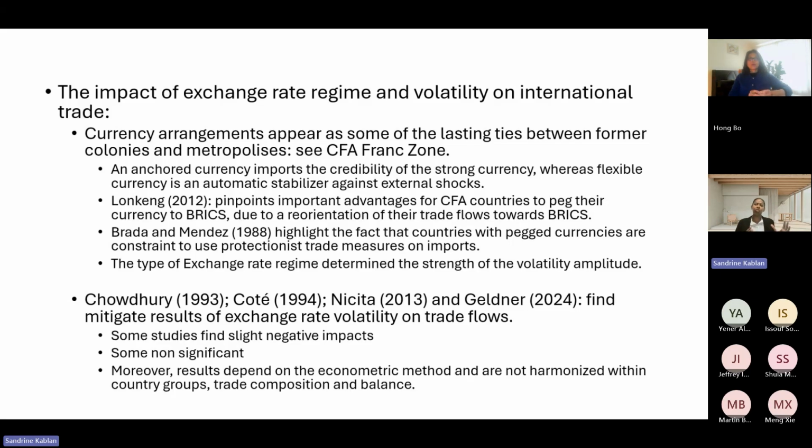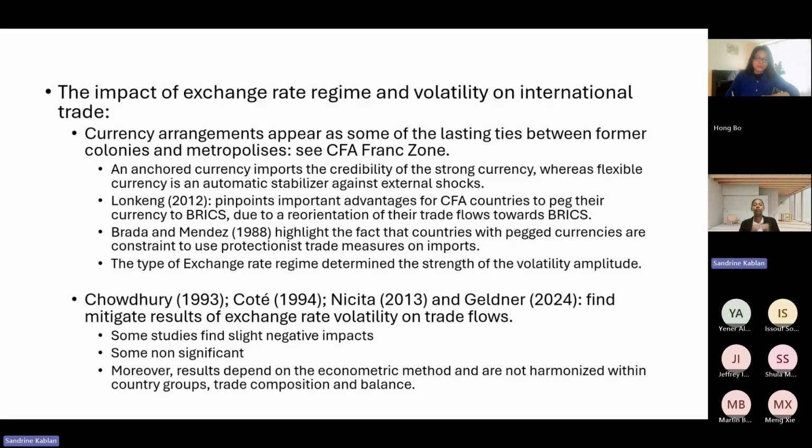But there are some constraints, and one of them is that this country has to accompany this currency anchorage with protectionist trade measures on imports, because it has to protect the pegging of this currency.